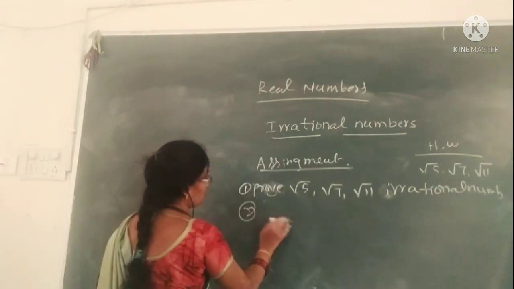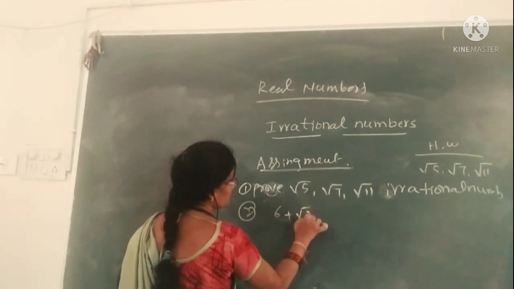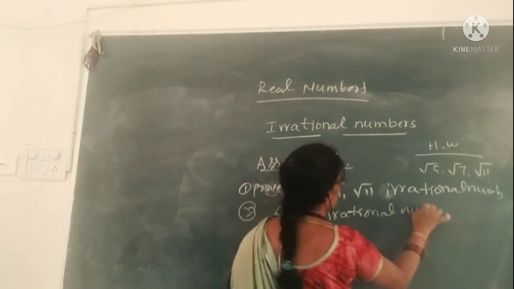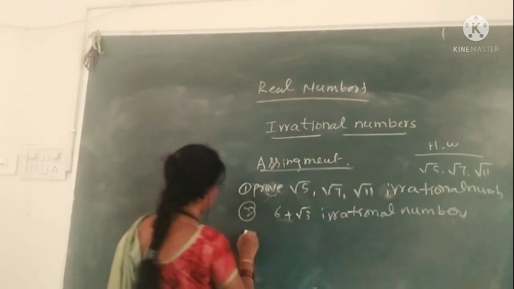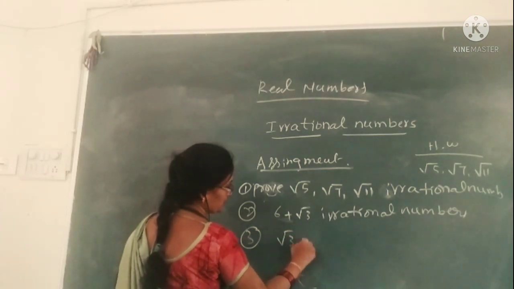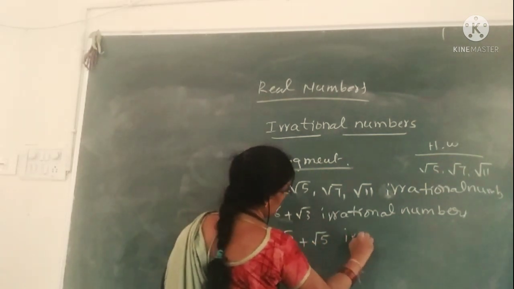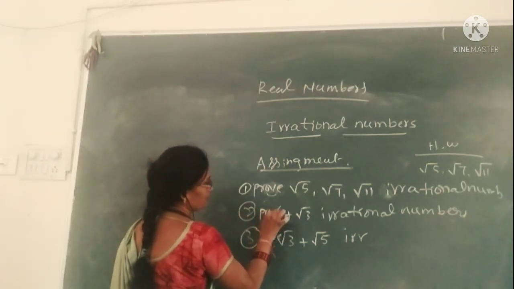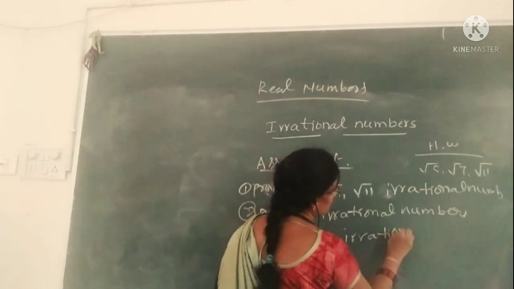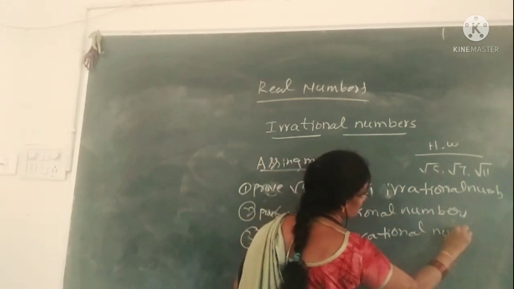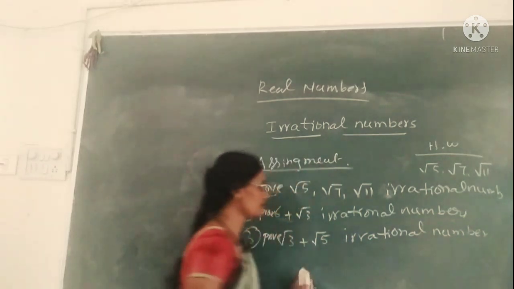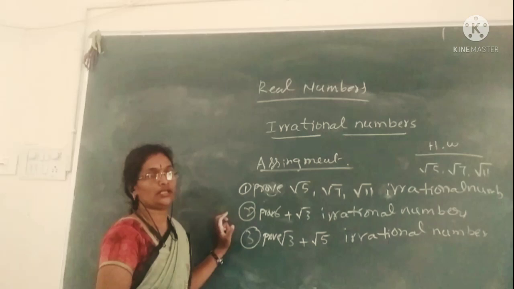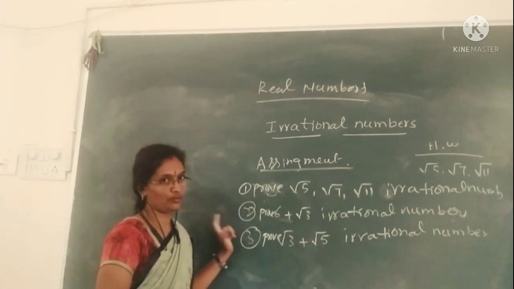Next, given that root 3 is irrational, prove that root 3 plus root 5 is an irrational number. This is the assignment. All our students, listen to the irrational numbers and solve these problems.